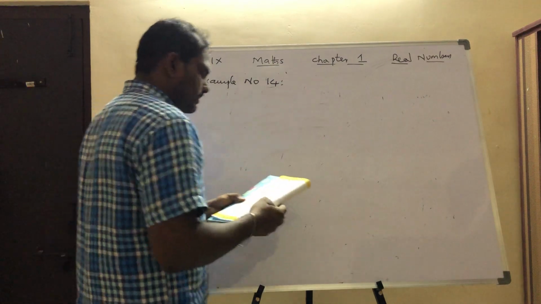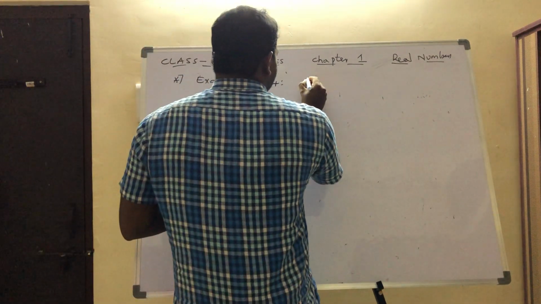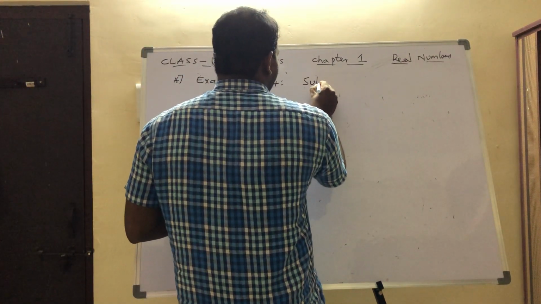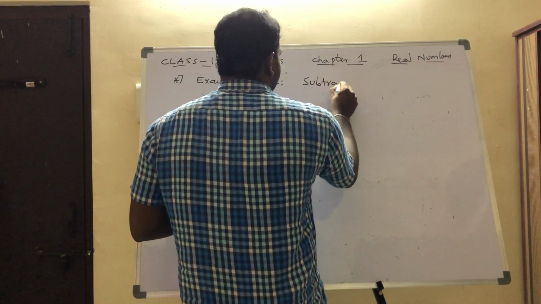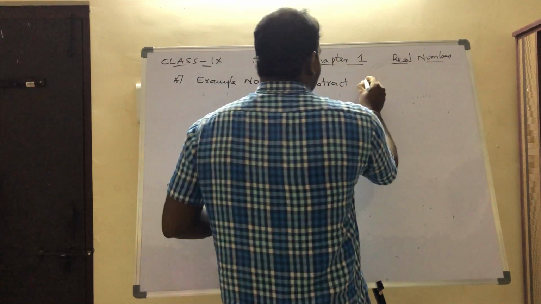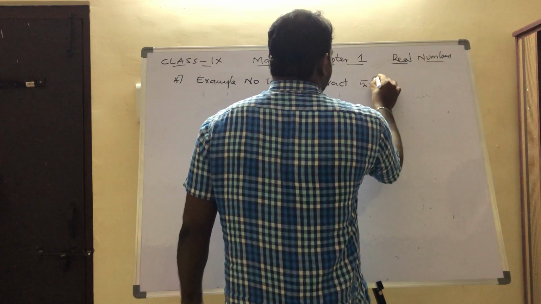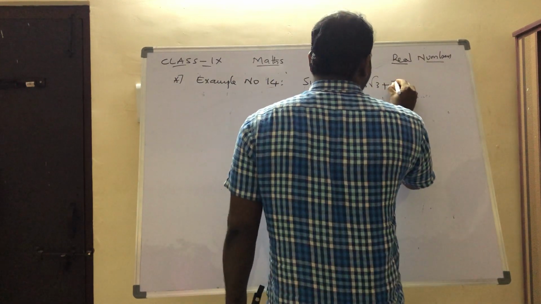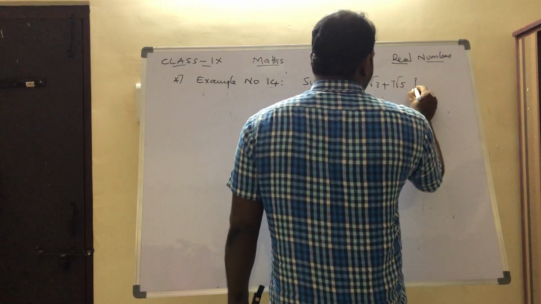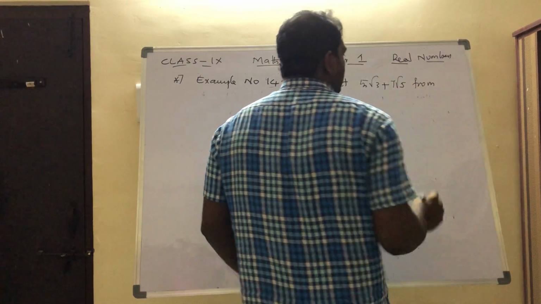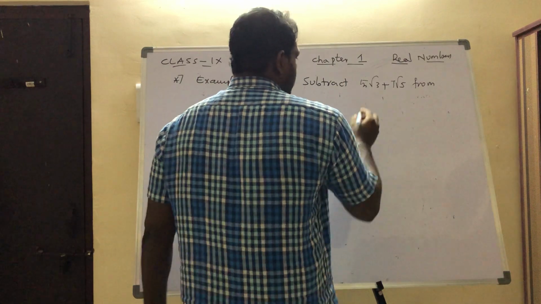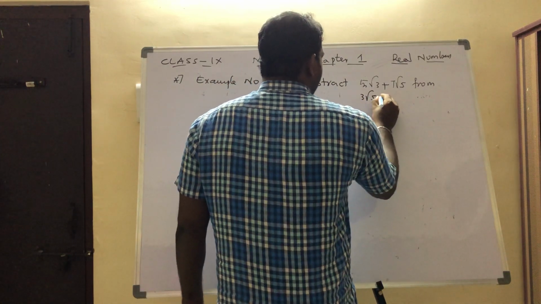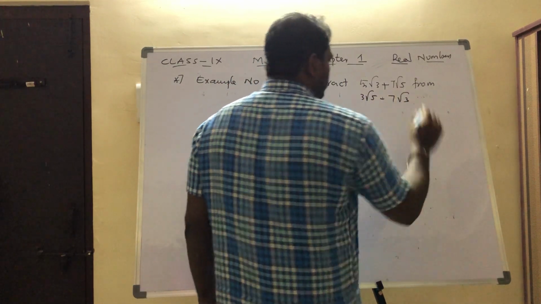The question is: subtract 5 root 3 plus 7 root 5 from 3 root 5 minus 7 root 3. This is the question.